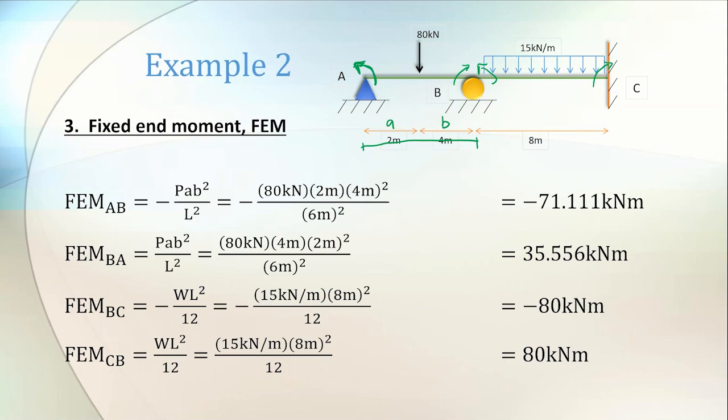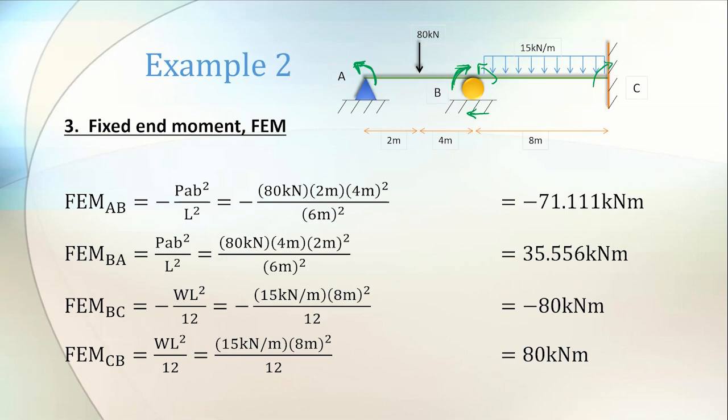For FEMBA, now this is the one that I mentioned in example 1. You have to be careful on this, because this one from B to A, so you have to look at from this side. Okay, so from this side, value P ni masih sama and it is positive lah, since we assume that it is clockwise.